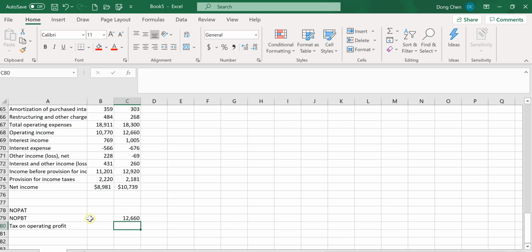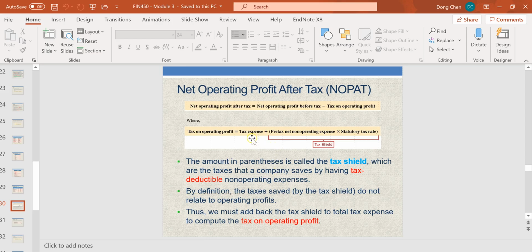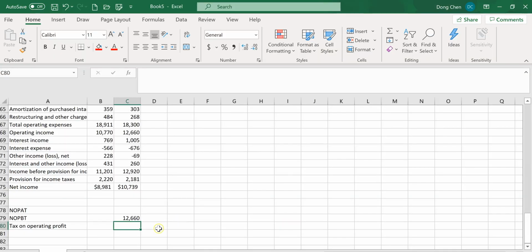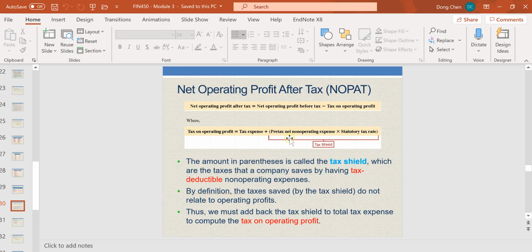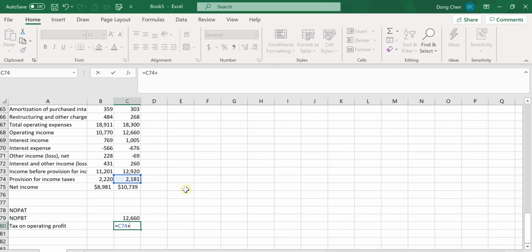Tax on operating profit is equal to tax expense plus pre-tax net non-operating expense times the statutory tax rate. Tax expense is basically the provision for income taxes. The pre-tax net non-operating expense refers to all the items after the operating income and before the income before provision for income taxes.